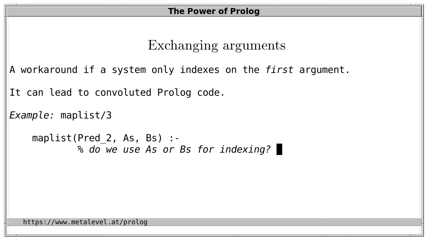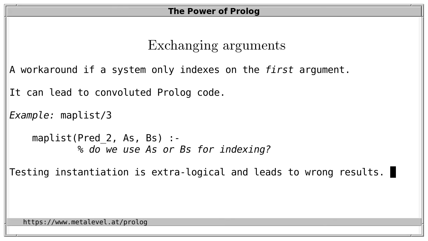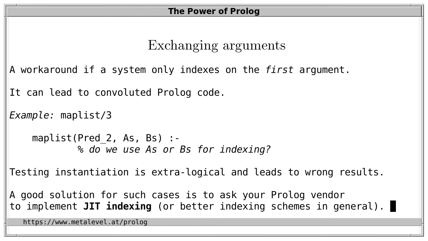So we may be tempted to test which of these arguments is sufficiently instantiated and then use that as the first argument. However, testing instantiation of an argument is extra logical and in general leads to wrong results. So a good solution for such cases, instead of manually exchanging arguments, is to ask your Prolog vendor to implement just-in-time indexing or better indexing schemes in general.